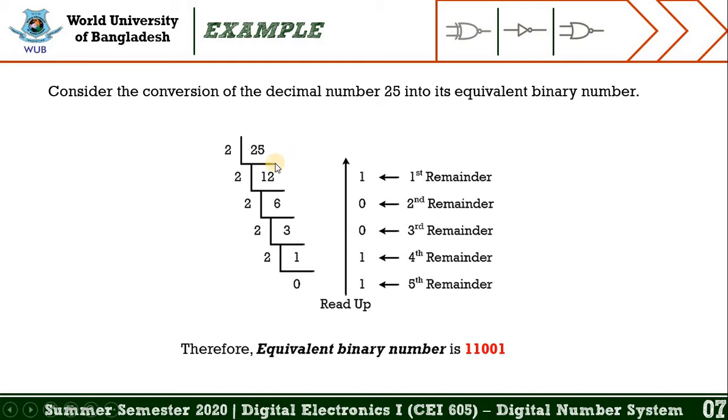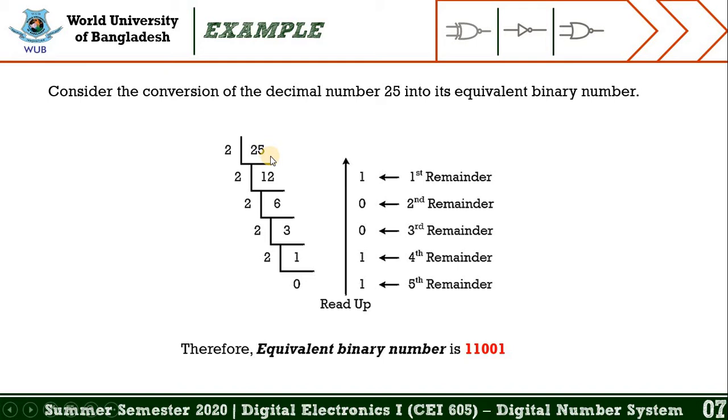So let's begin. In this problem, the decimal number is 25. We need to divide by the base of the binary, since we would like to convert the given decimal number into a binary number.